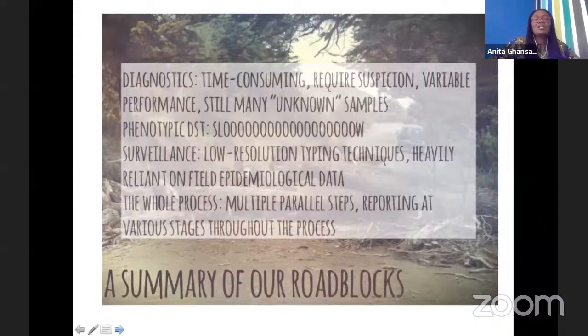And the surveillance that we currently do is very low resolution because we are using genotyping or methods that are low resolution, and it relies a lot on epidemiological data. So the whole process is very complex. There are so many parallel steps and reporting at various stages. And so these roadblocks we need to surmount.